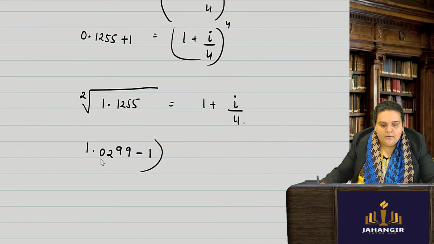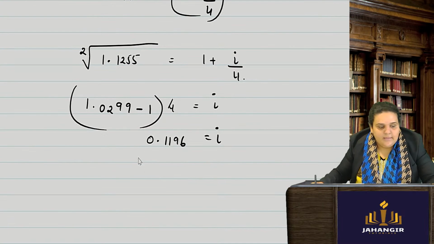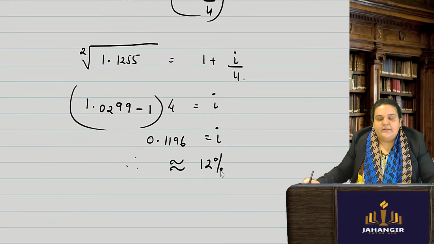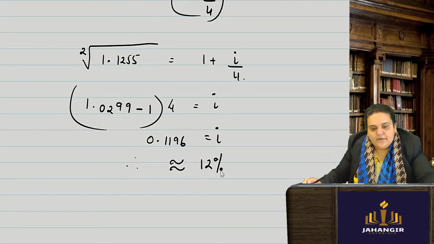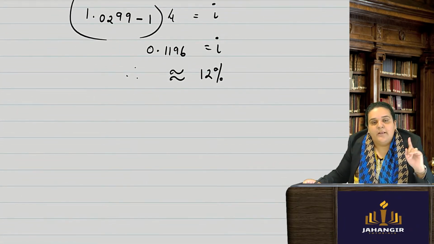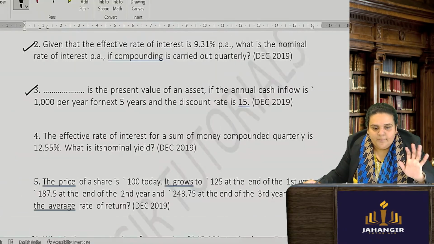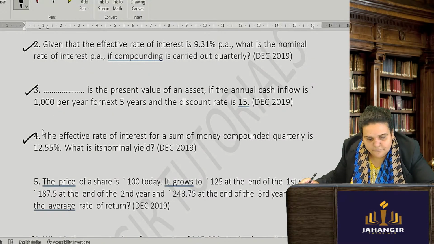Minus 1, multiply that by 4, that will become I. So 0.1196 is equal to I. Therefore, approximately 12% is the nominal rate of interest. Effective is 12.55, nominal or actual rate of interest is 12%. Simple.